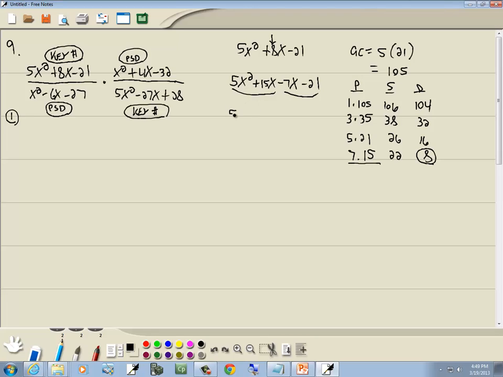These have a 5x in common. That gives me x plus 3. These have a negative 7, and that gives me x plus 3. So they both have an x plus 3, and that leaves us 5x minus 7. So this factors as x plus 3 times 5x minus 7.